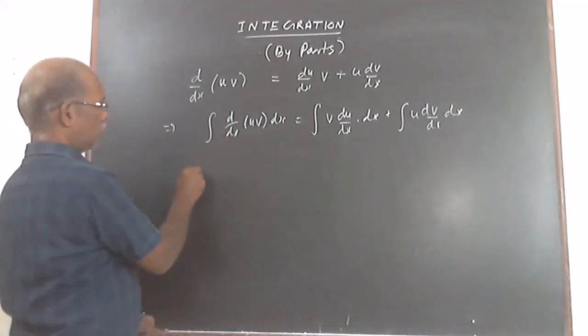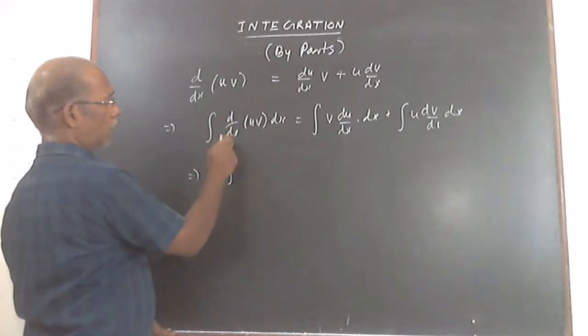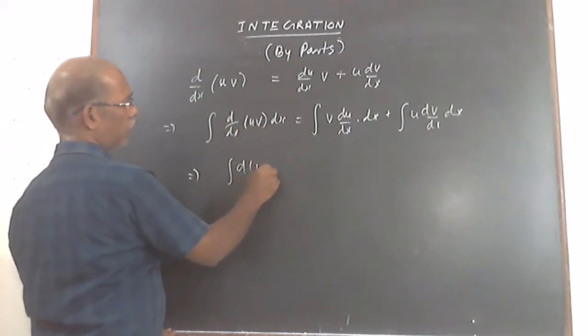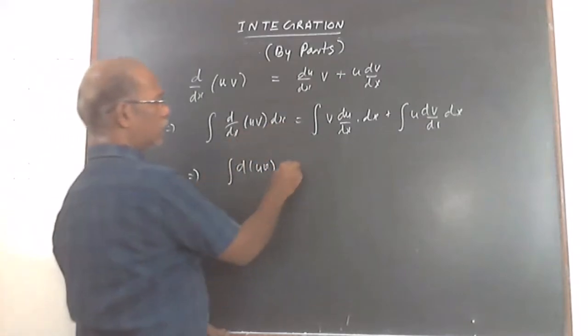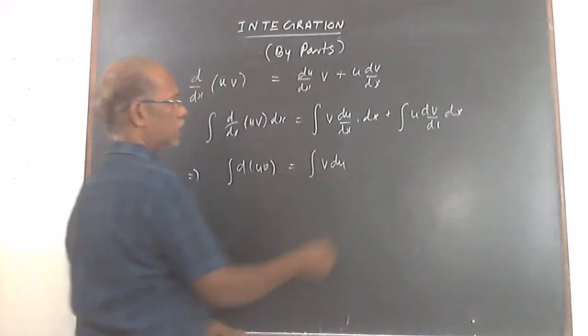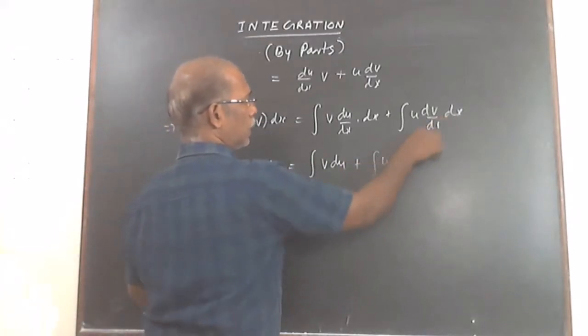And this implies the LHS is the integral of the derivative of uv, d of uv, dx cancel; integral of v du, dx cancel; integral of u dv, dx cancel.